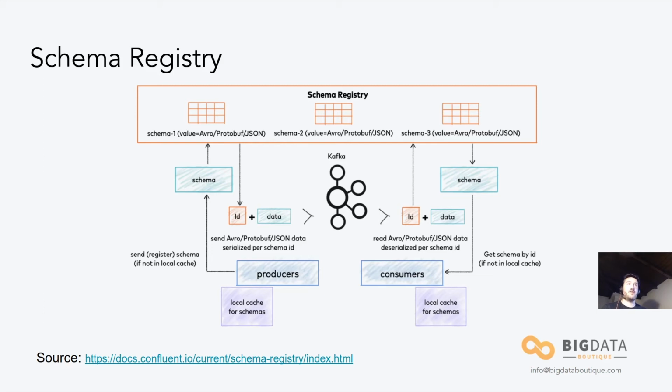So it's very safe, and it's also very performant, because in most cases the producer or the consumer are not going to the registry for the data. They just have it in an internal cache. So they just need to go for the schema for the first message, and for the rest they don't need to do it again. Okay, so it's really performant.